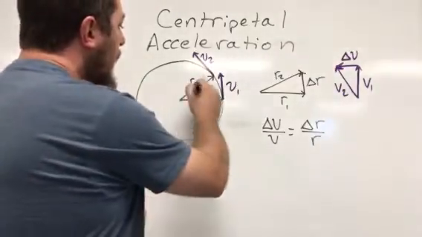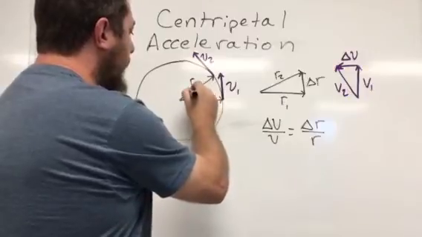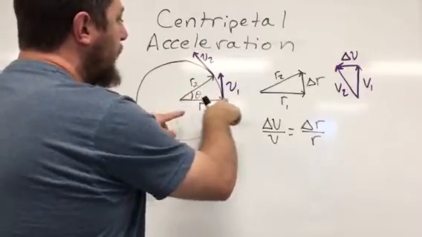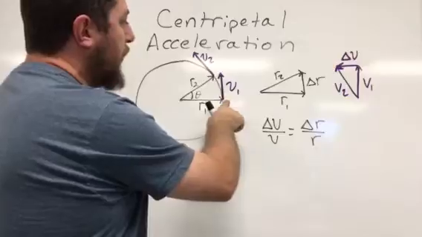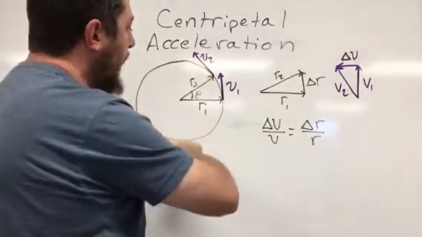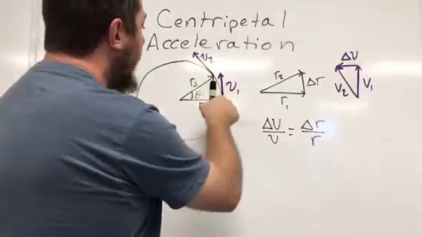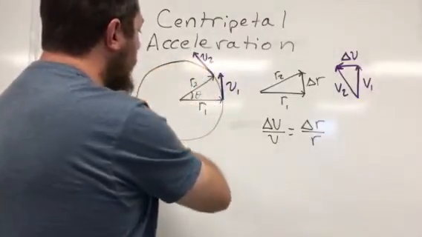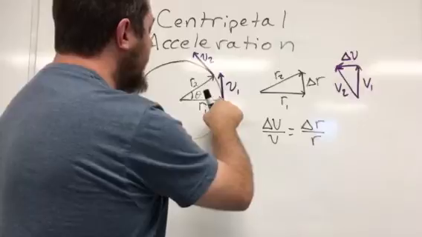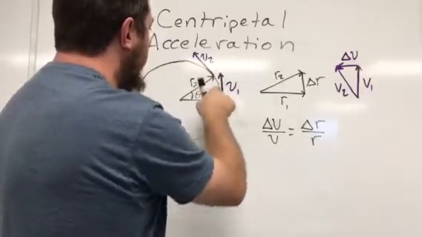Now, if I make an angle here, theta, remember that the velocity vector of an object moving around a curved path will always be perpendicular to the path. So in other words, as my object is moving around my circle here, right at this instant, the velocity vector is pointing straight up.